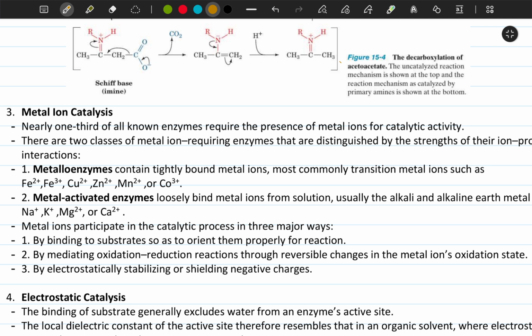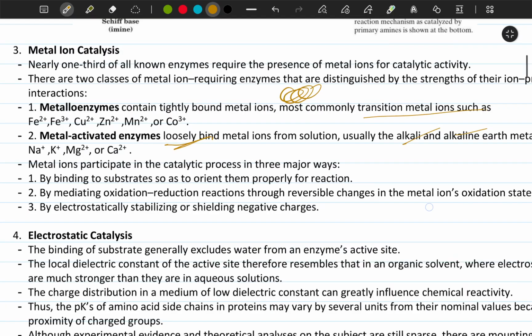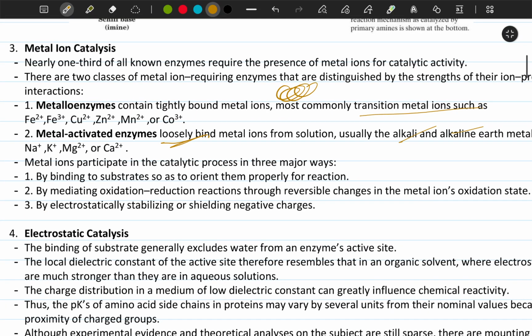Metalloenzymes are tightly bound to metal ions, mostly transition metal ions such as Fe, Cu, Zn, Mn, Co. Metal-activated enzymes bind loosely to alkali and alkaline earth metals: Na, K, Mg, Ca.